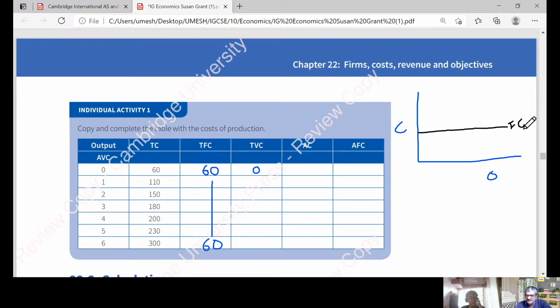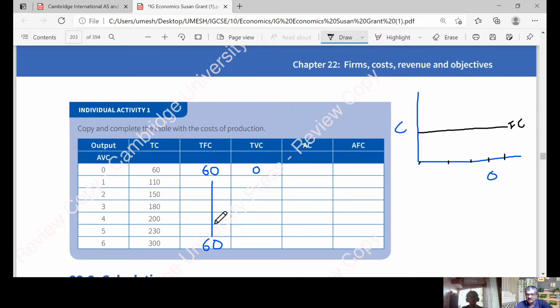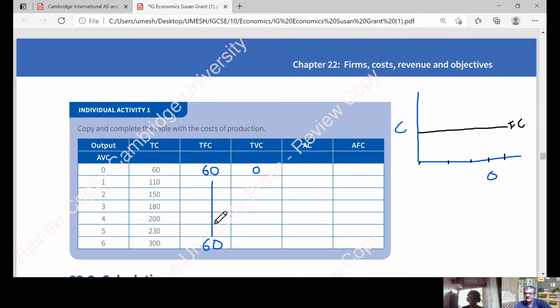So when the output is 0, at that time also it is 60. And when the output is 100 or 200 or 0, 1, 2, 3, 4, 5, 6, it will remain 60 only, na? Because it is parallel to the x-axis. So always total fixed cost remains constant in the short run, because in the long run, as I was telling you, bacha, all the costs are variable cost.